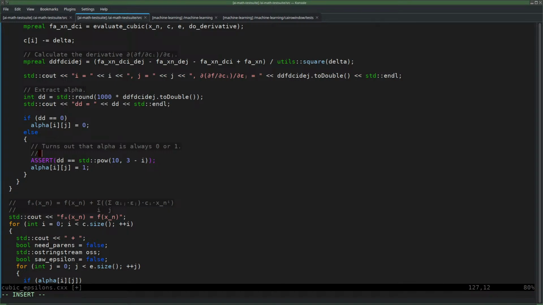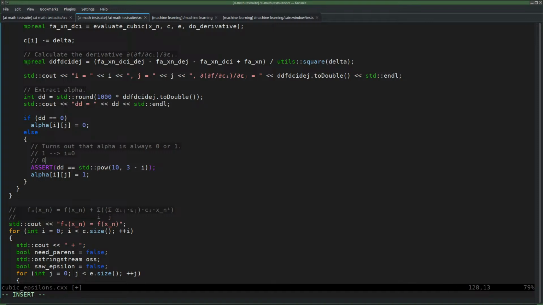Okay, so if you have 1, then I want to use an I of 0. If you have 0.1, then you want to use an I of 1.